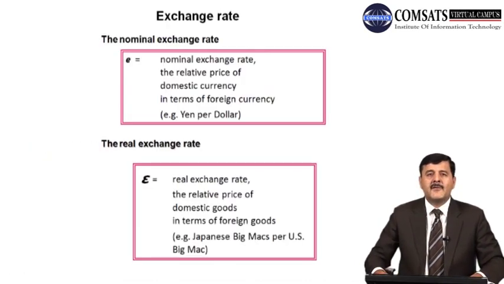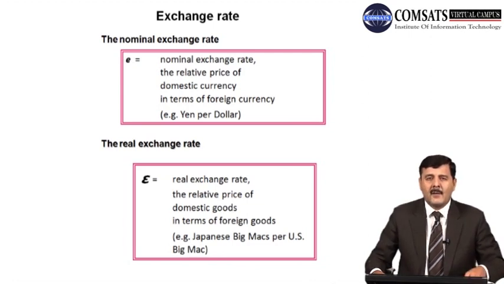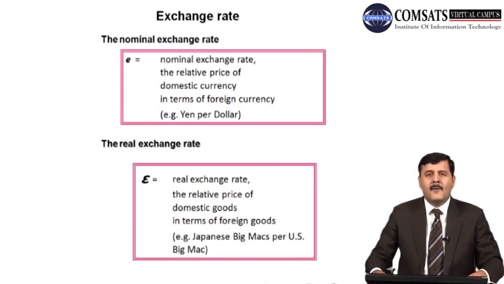So we start with the first part of the lecture, where we would like to tell you the difference between nominal exchange rate and the real exchange rate. So when we talk about nominal exchange rate, that is denoted by E. Nominal exchange rate is the relative price of one currency or domestic currency in terms of foreign currency.